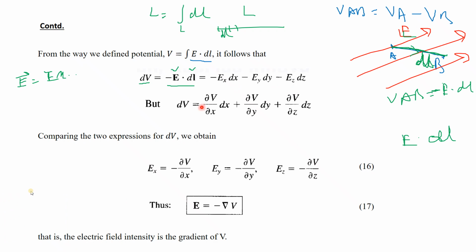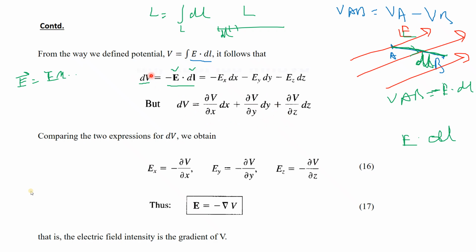But generally, for a tiny potential difference, we are finding a derivative, so we can consider the partial derivative: del x of V dx, del y of V dy, del z of V dz.